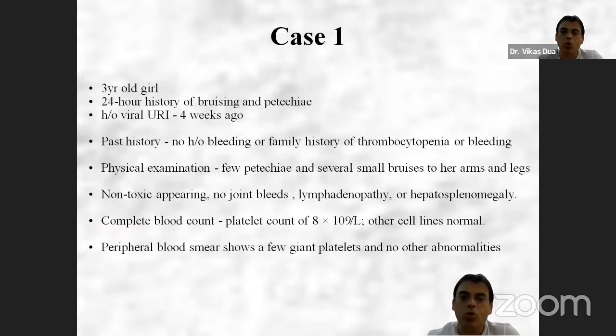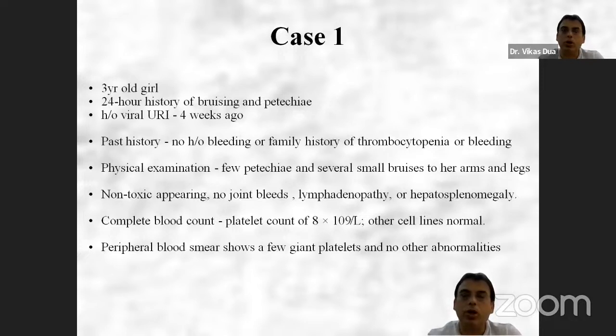So let's move on to a case. I think it's always good to discuss a case when we talk about the management. So let's look at this case, which is a classical case of ITP. You all must have seen this type of case in your busy clinical practice. A 3-year-old girl who has a history of bruising and petechial spots for the last 24 hours.